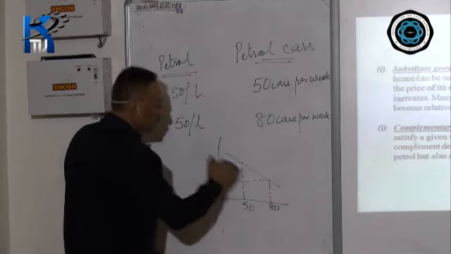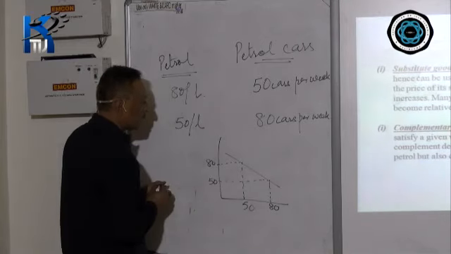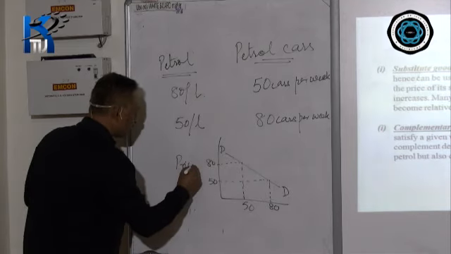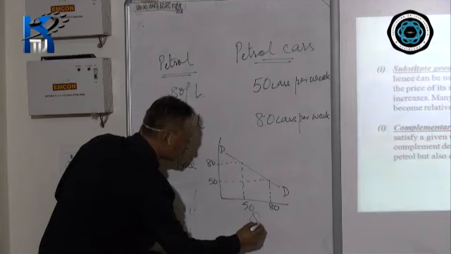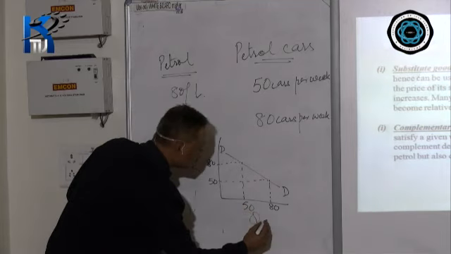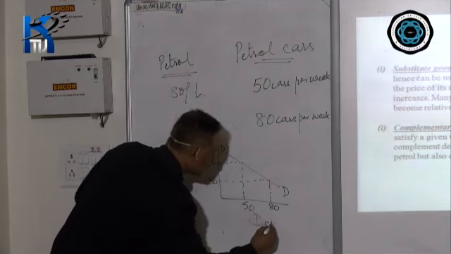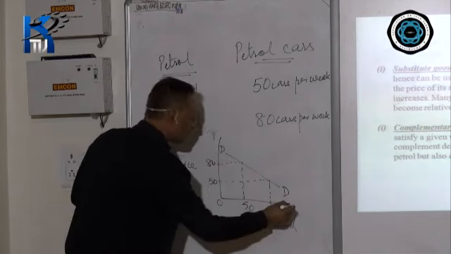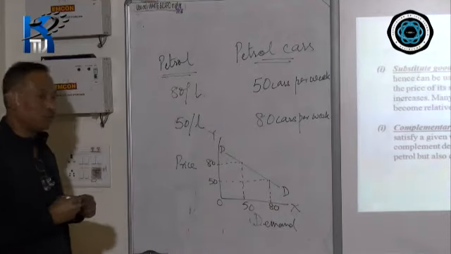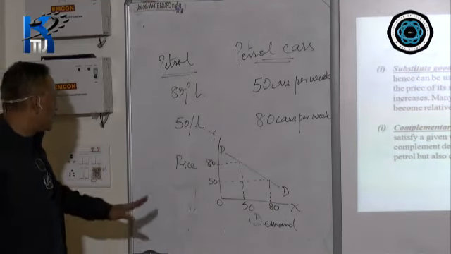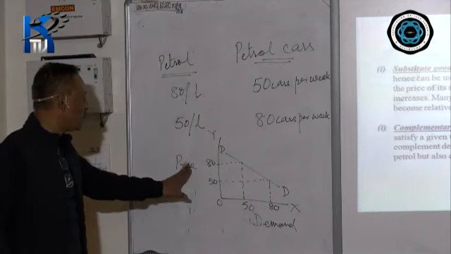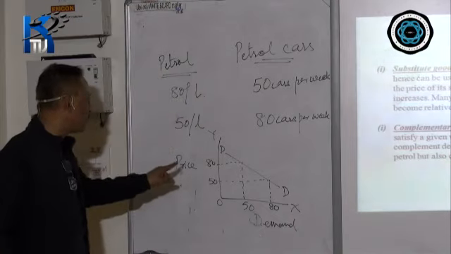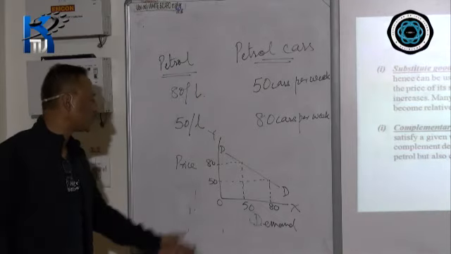You will see this is downward sloping towards the right. Negative sloping, there is demand. You should also notice when you draw diagrams, price and income should always be on the y-axis, supply and demand on the x-axis. Always keep your price and income on the y-axis.